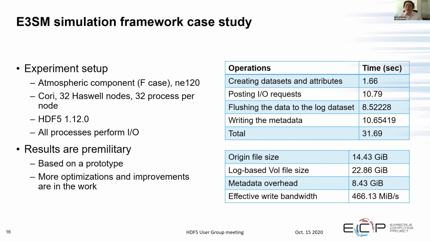It's a preliminary result, based on our current prototype, and we are still working on optimization and improvement. So we can expect this result to be improved in the final version. You can see that for 14 gigabytes of data across all the datasets, it takes 31 seconds to write, and a significant portion of that is in posting the I/O requests.